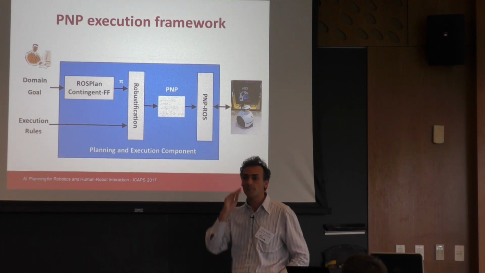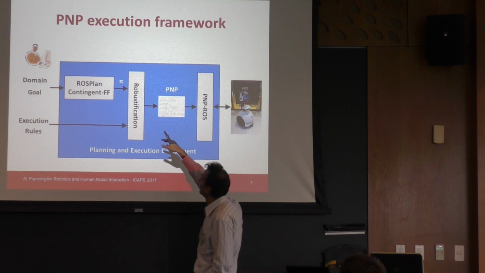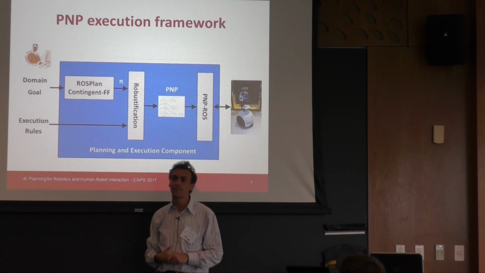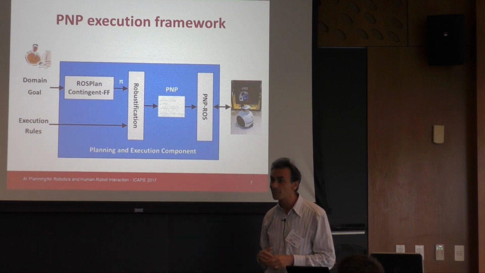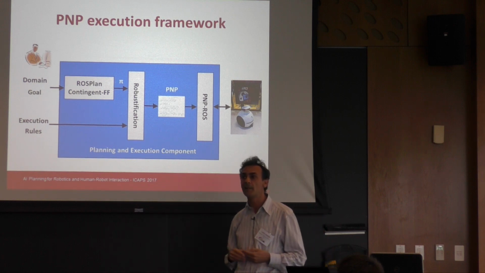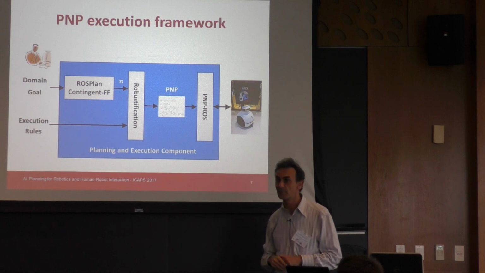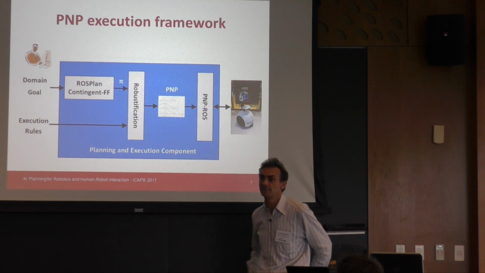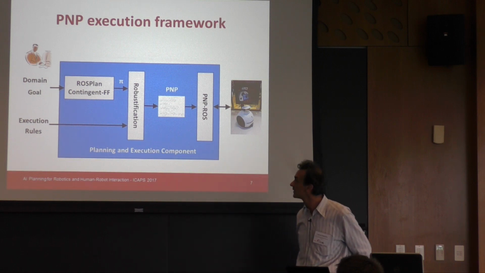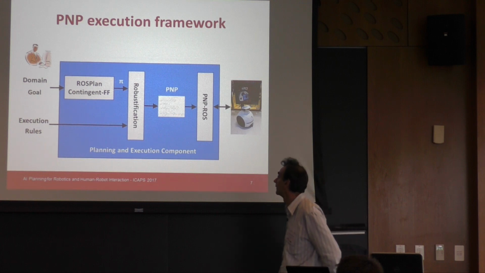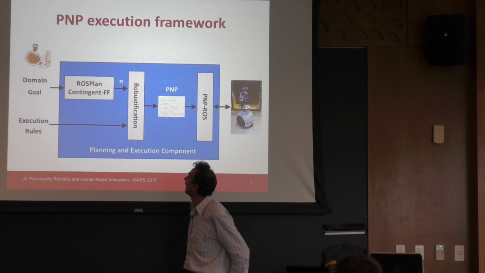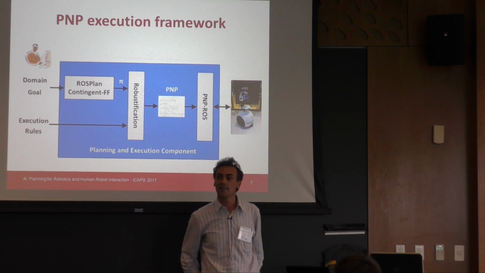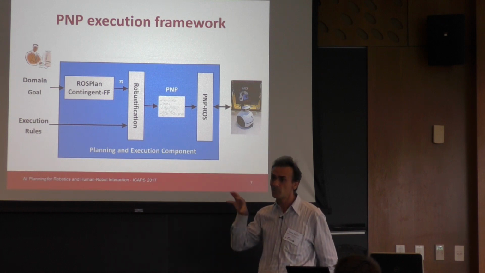As we have seen in the previous part of the presentation, the output of a planner usually is not robust enough to be executed directly on the robot, because there are many uncertainties and inaccuracies and so on. So what we added in this system is a robustification phase that transforms a plan into another plan.